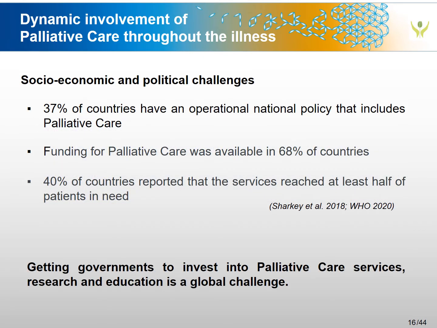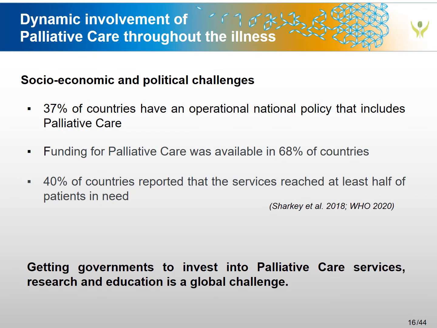Integrated palliative care contains a stronger socio-economical side, which cannot be underestimated. Although access to palliative care and pain relief is closely monitored by Human Rights Watch, the majority of governments have been reluctant to invest into high-quality palliative care. A survey published in 2018 revealed that a minority, 37% of countries, have an operational national policy that includes palliative care.